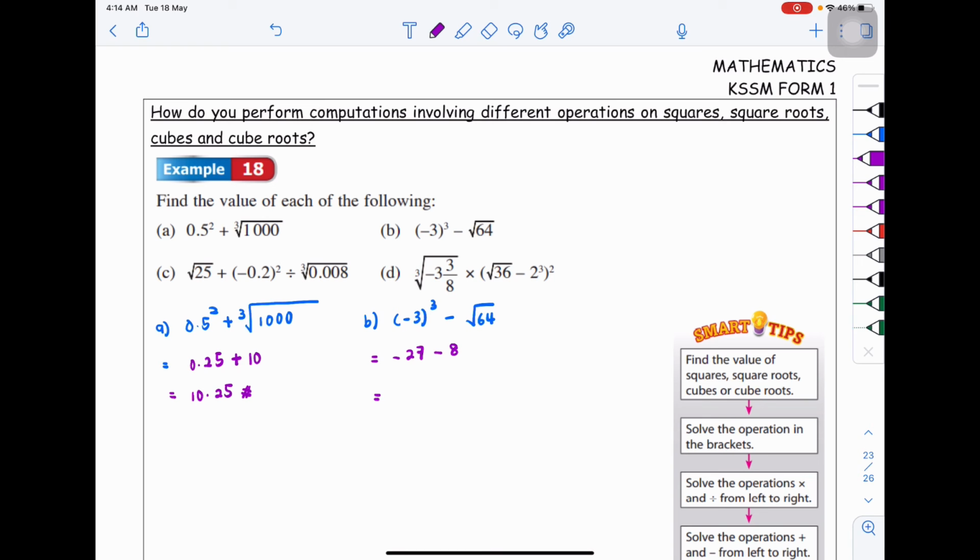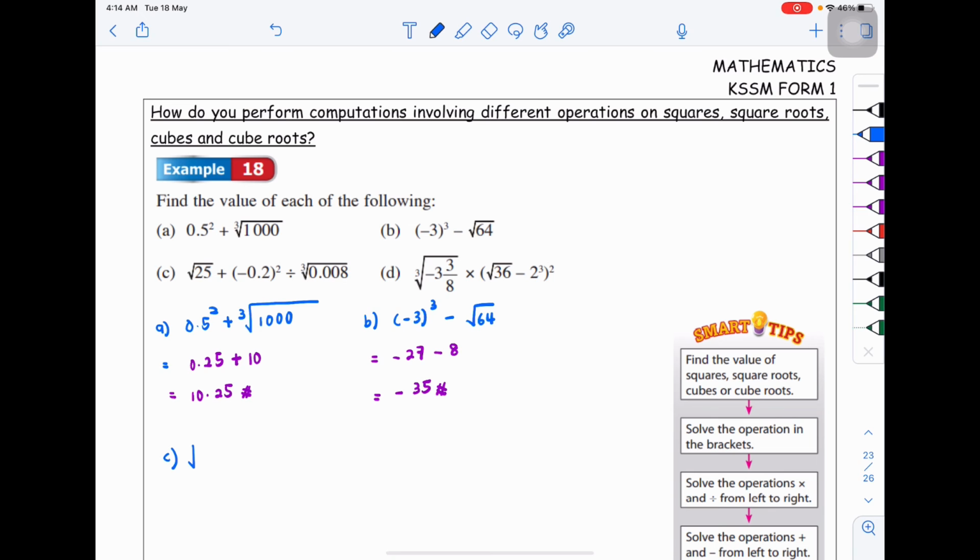We are going to add the two numbers, but the sign still remains negative. So 27 plus 8 is 35, so negative 35 is the answer. That's for B. Next, we do C.